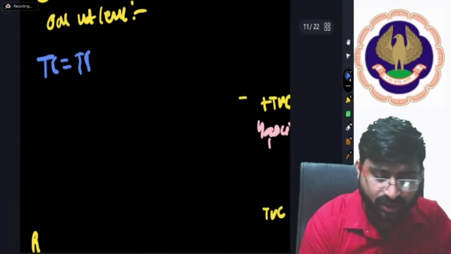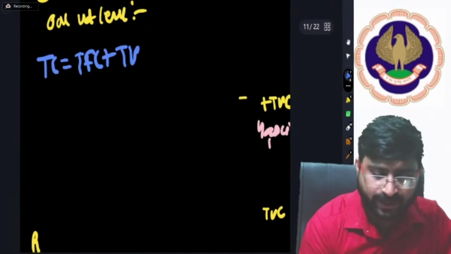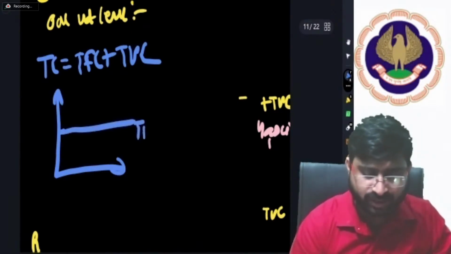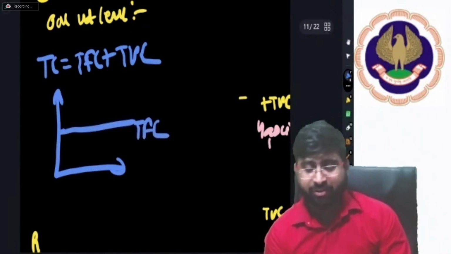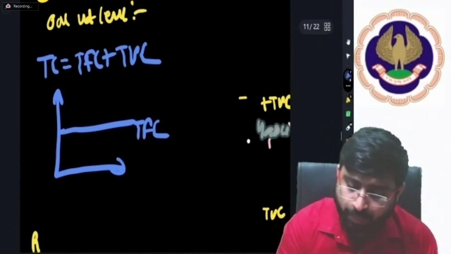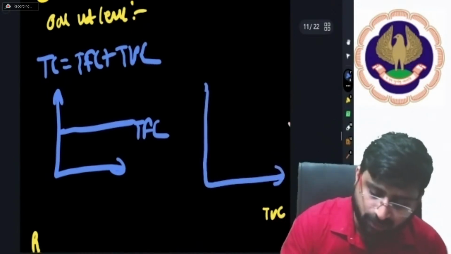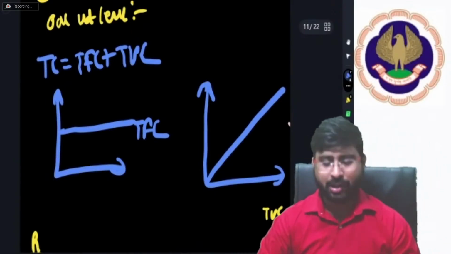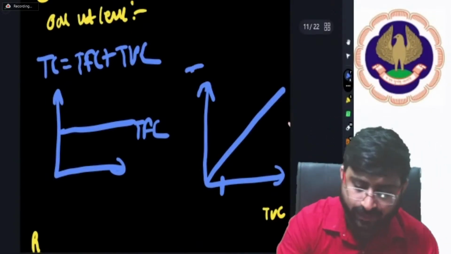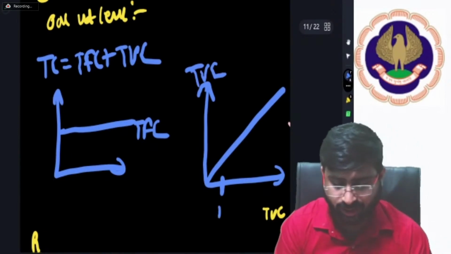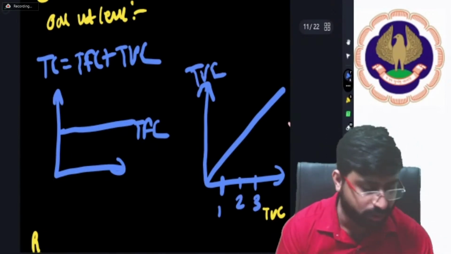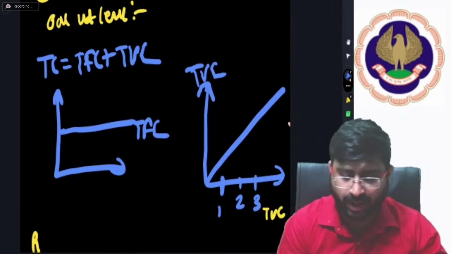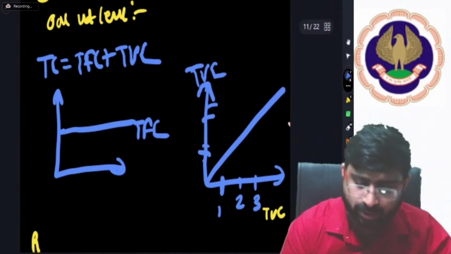TC is TFC plus TVC. Now you have realized that the shape of the TFC curve is like this. But if the variable cost per unit is constant, then the TVC curve looks like this. Hypothetically speaking, it looks like this. Because as output is rising from 1, 2, 3, etc., your expense is also rising, and so total variable cost is also rising.